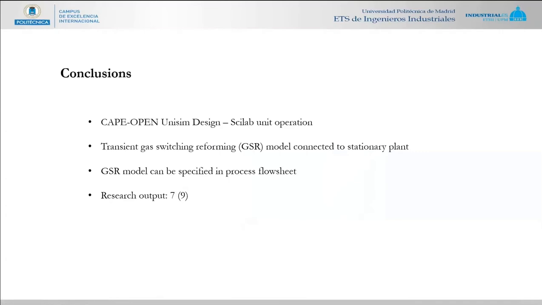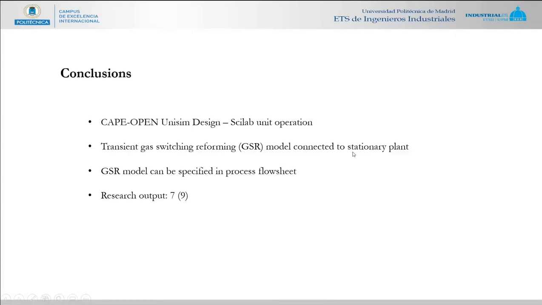To summarize the presentation, again, let me emphasize the simplicity and how fast it has been to make these simulations between Unisim and Scilab thanks to CAPE-OPEN integration. In particular, for this presentation, a transient gas switching reformer reactor is connected to a stationary plant.